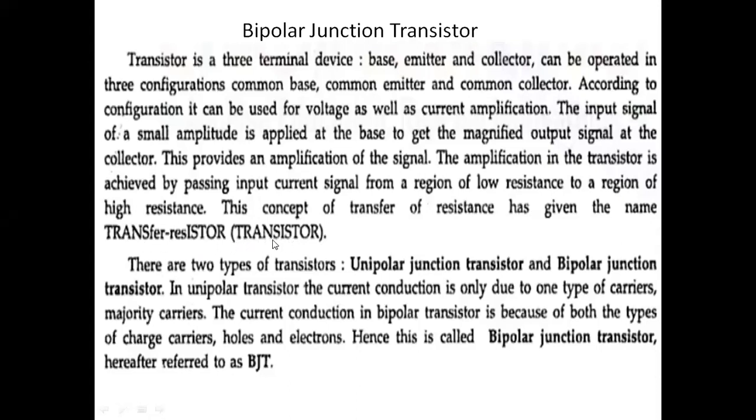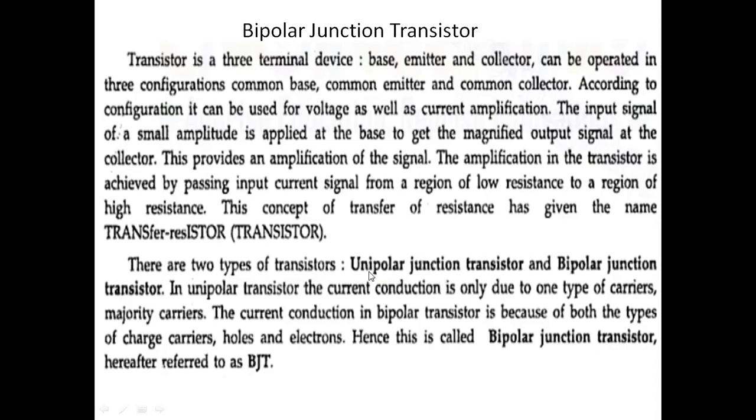Okay, transistor. So actually there are two types of transistors. One is the UJT, the unipolar junction transistor, and another one is the bipolar junction transistor. Uni means one direction only.